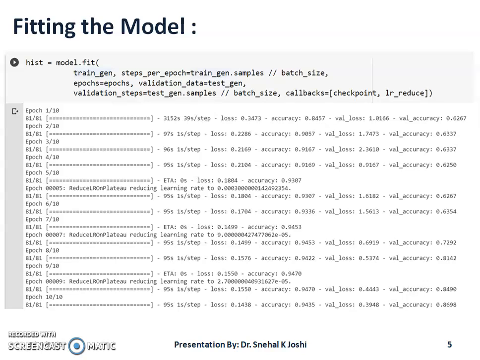The loss we obtained was 0.3473 and accuracy after the first epoch was 0.8457, which is 84.57% accuracy for the training set. Validation loss observed is 1.0166 and validation accuracy was 0.6267, which is 62.67% for the testing set after the first epoch.